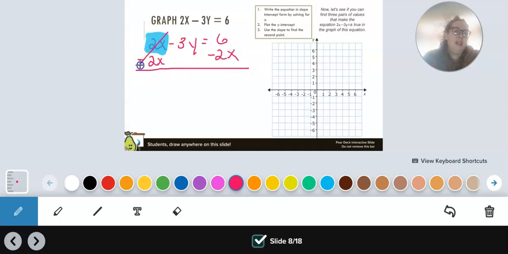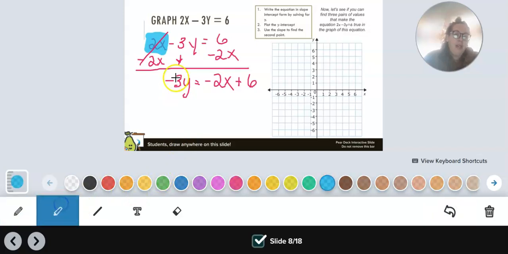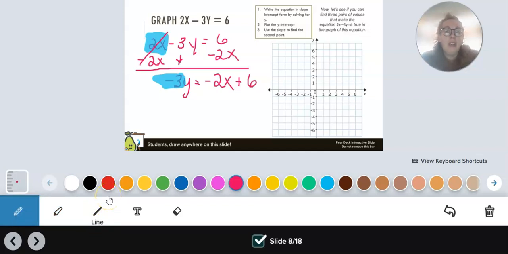2x minus 2x is 0, so we're just left with this negative 3y, bring it down, equals. I'm going to put the negative 2x in front because that's how it is in our slope-intercept form, and then we have a positive 6. So we just connected these two here with addition, and our 2x is negative, 6 is positive. Now we need to get rid of this negative 3. The negative 3 on the outside is attached with multiplication.